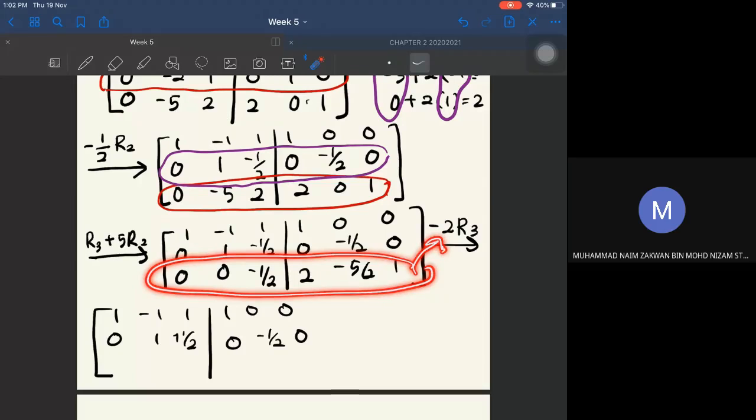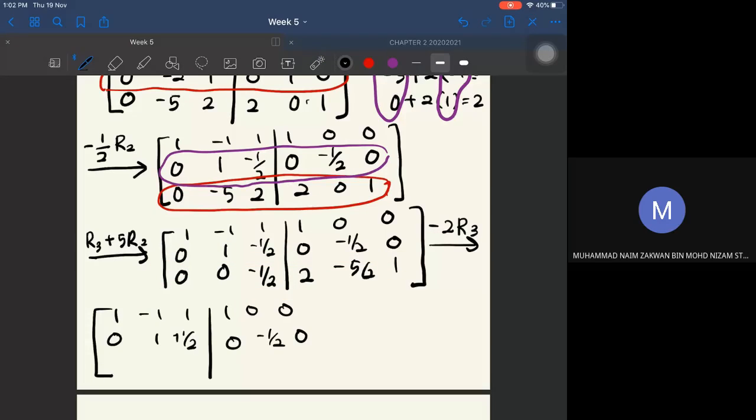Kosong darab negatif 2 kosong, kosong darab negatif 2 kosong, dia akan dapat 1. 2 darab negatif 2 negatif 4. Negatif 5/2 darab negatif 2 akan dapat 5. And the last one is negatif 2.